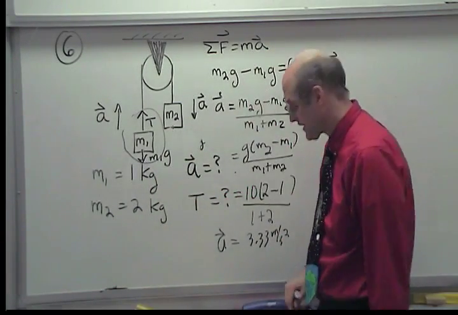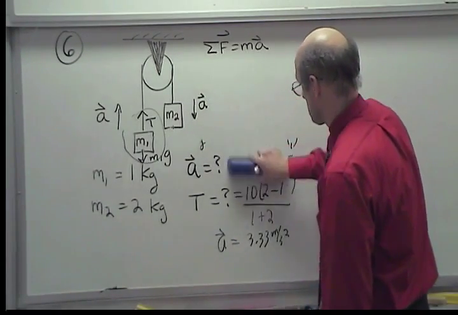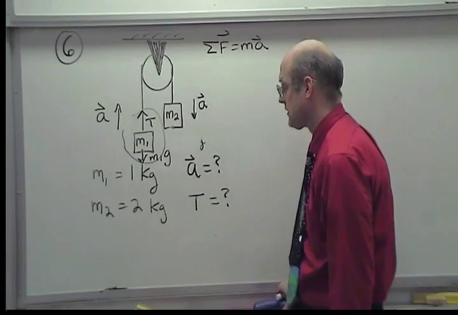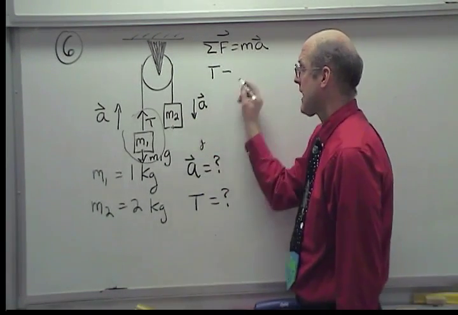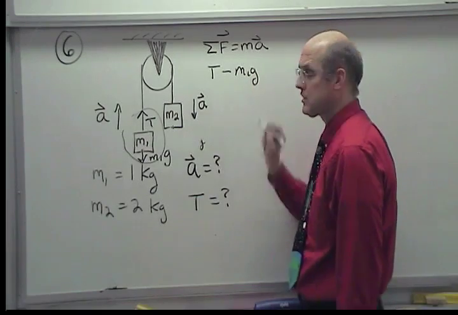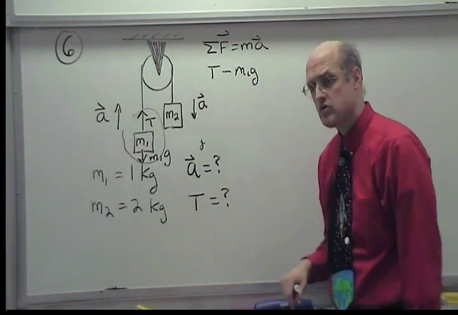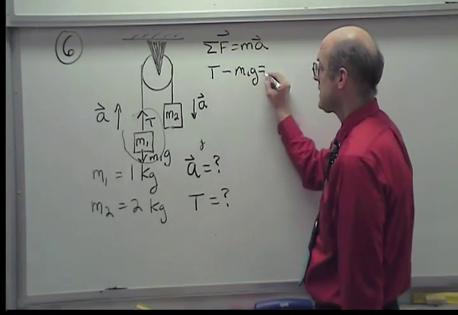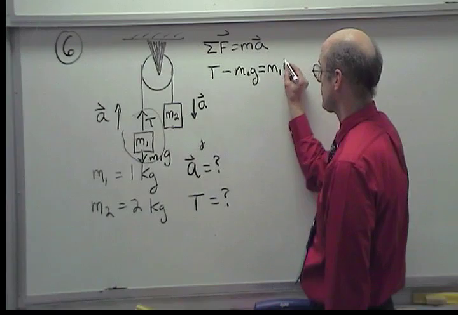So applying Newton's second law again, we have that the net force is the tension minus M1G. Right, the tension is directed upward, the weight of M1 is directed downward. And that's equal to the mass of the system, which is just M1 now, times acceleration.